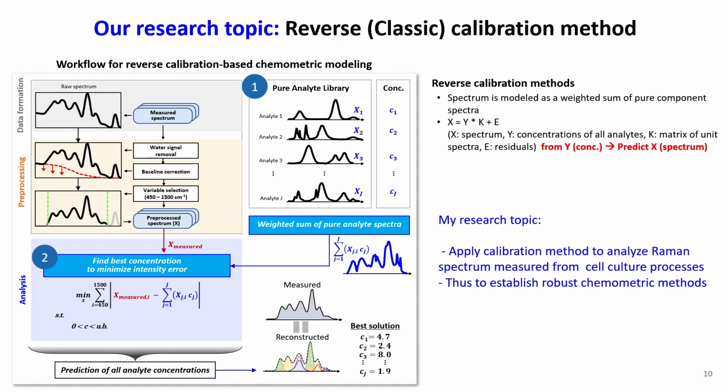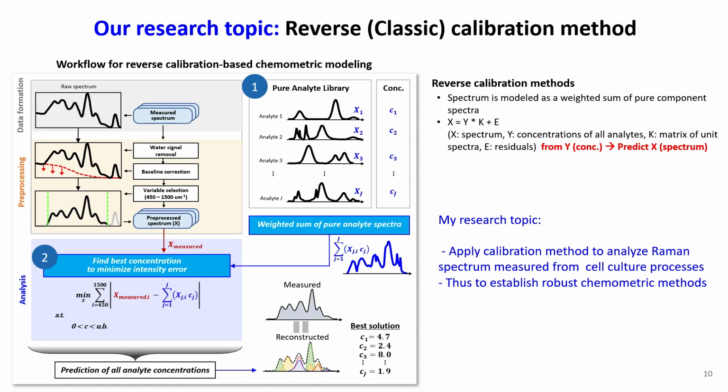To overcome this limitation, our research topic is using the reverse calibration method instead of the inverse calibration method. The principle of the reverse calibration method is that the spectrum is modeled as a weighted sum of pure component spectra.